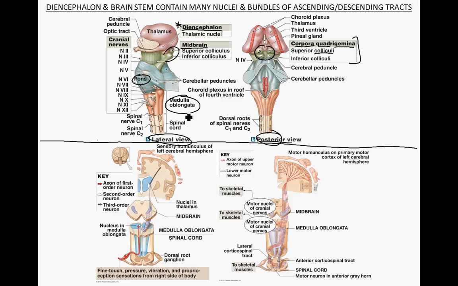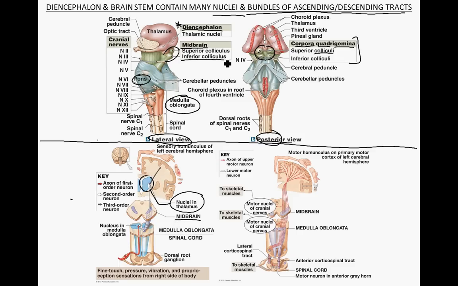What are all these structures of the diencephalon and the brainstem? Well, these are all nuclei and bundles of ascending and descending tracts, which is why I put these images below here on this diagram as well. So we can see here nuclei in the thalamus, right? So this would be the thalamus region. And then here are our midbrain structures.